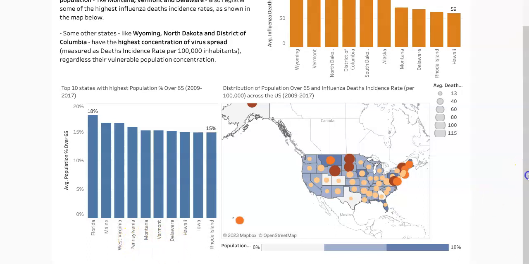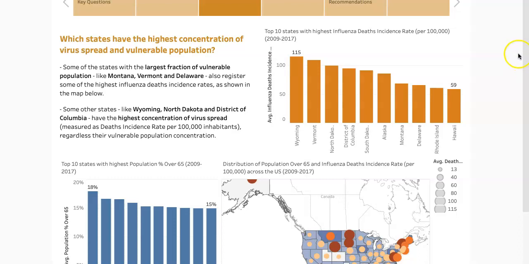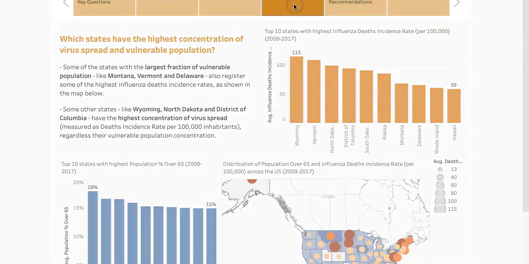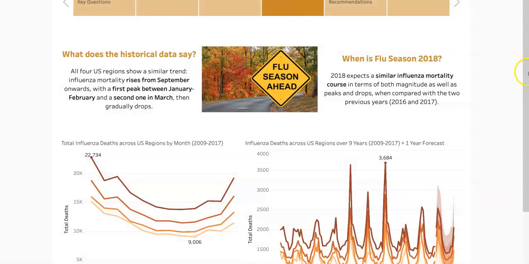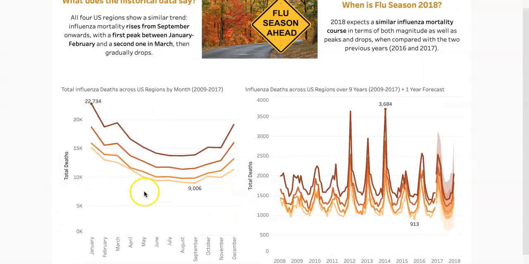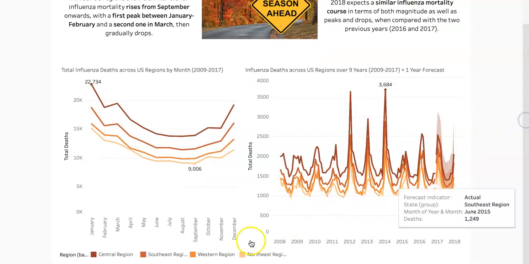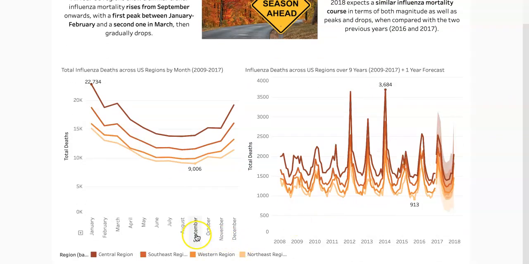To further refine our strategy, we examine the seasonal pattern of influenza deaths. Here there is a line chart presenting the total influenza deaths across US regions by month from 2009 to 2017, illustrating that deaths start to rise in September, then peak through the months of December, January, February, and March, and taper off by April.